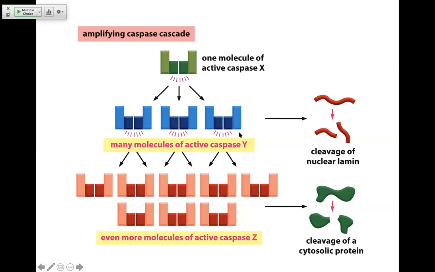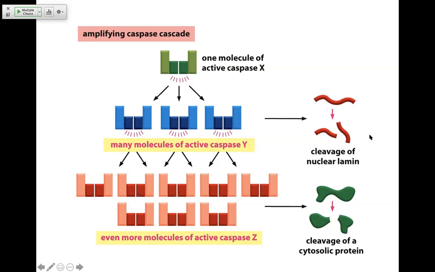And caspase 3, for example, its job may be to cleave nuclear lamin. Another caspase that's activated may target a different cytoskeletal protein, right? Once caspase activity is initiated, quickly all other caspases are initiated, and they all have their activities initiated.